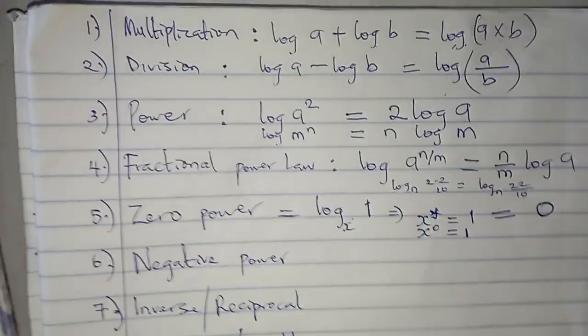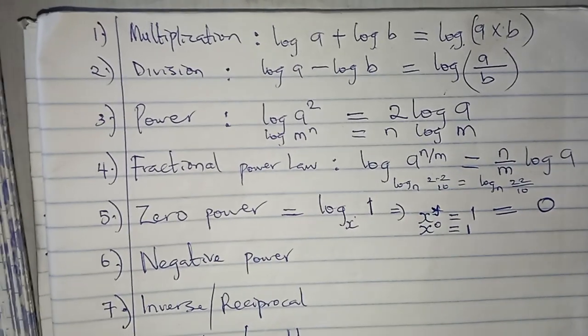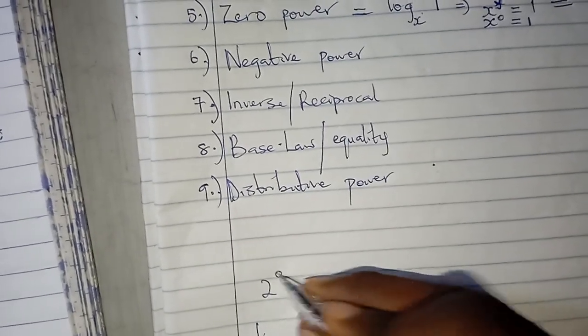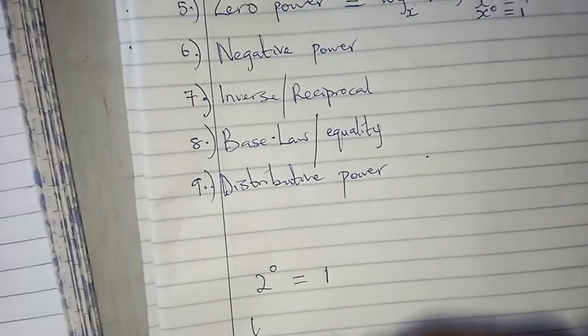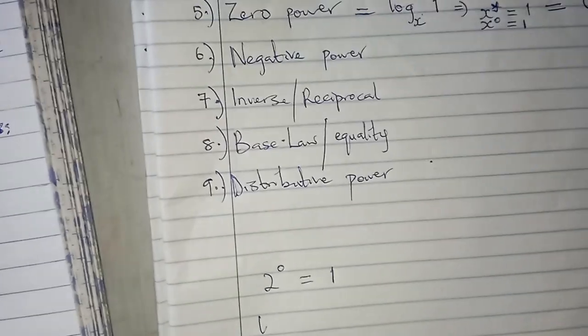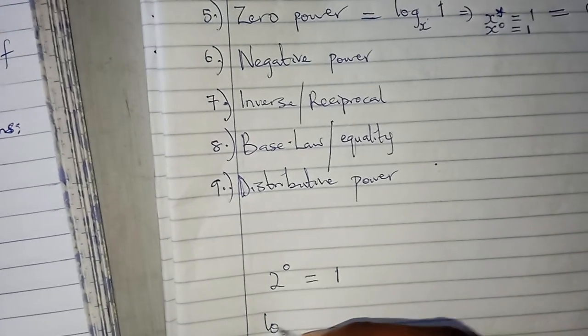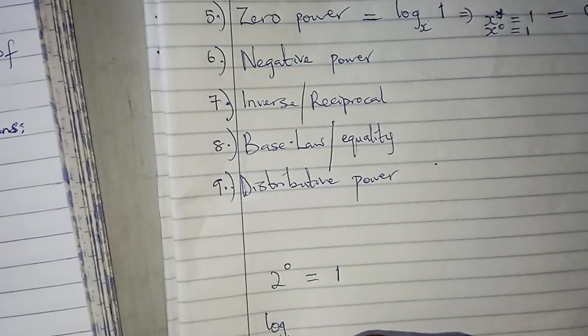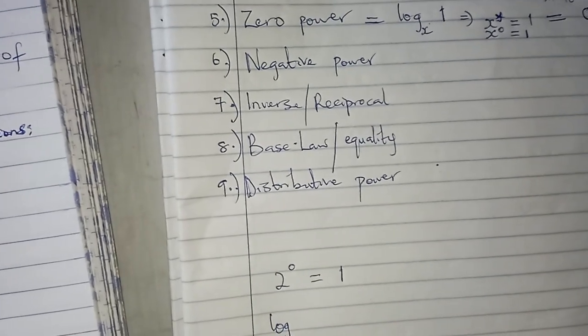So I hope this is not confusing. If I have 2 raised to power 0, I know that this is 1. Is it not true? So what I'm saying is that this simply means log to any base of 1.